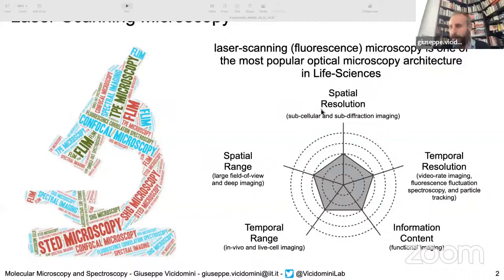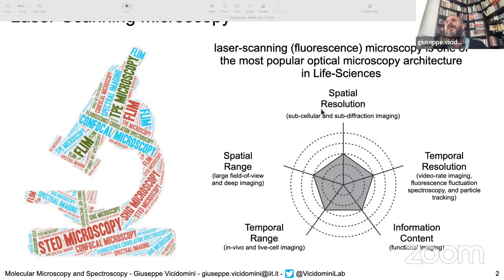You know that by using confocal microscopy, you can navigate across the third dimension of your sample, so you're not restricted only to imaging a single layer. Or I'm thinking about two-photon excitation microscopy, which allows you to go deeper and deeper in your sample. Or fluorescence fluctuation spectroscopy, I'm sure one of the great topics of this workshop, which gives you the possibility to investigate very fast dynamics, or fluorescence lifetime, which opens you to functional imaging.